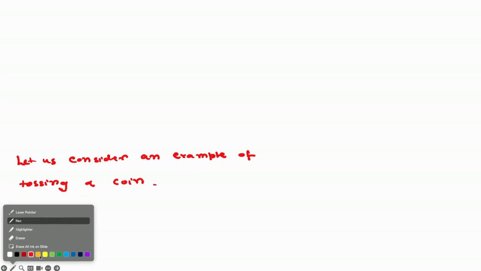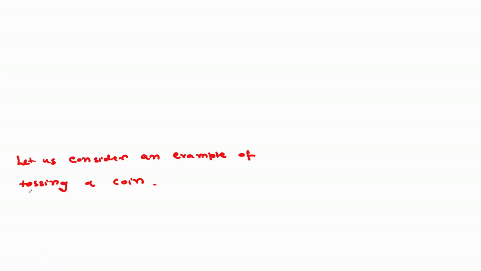Now, what are the outcomes? Head or tail, right? But before I go there, let us consider this. There is a thing we are talking about, which is tossing a coin. Tossing a coin, this is my random experiment, right. And whenever there is a random experiment, I will have an outcome.